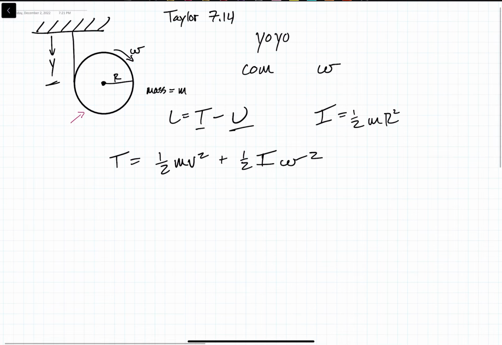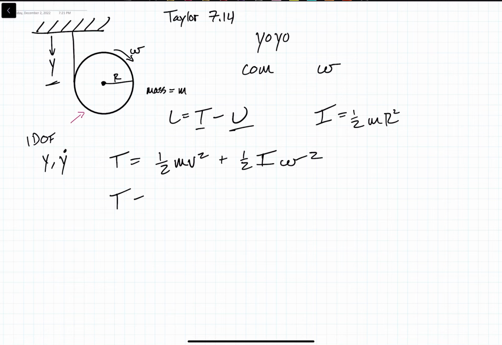So from looking at this, the problem has 1 degree of freedom. It's only free to move on the y-axis. So I'm going to pick y as my generalized coordinate, and I'm going to rewrite this in terms of y and y dot, where y is the position and y dot is the derivative of the position with respect to time.